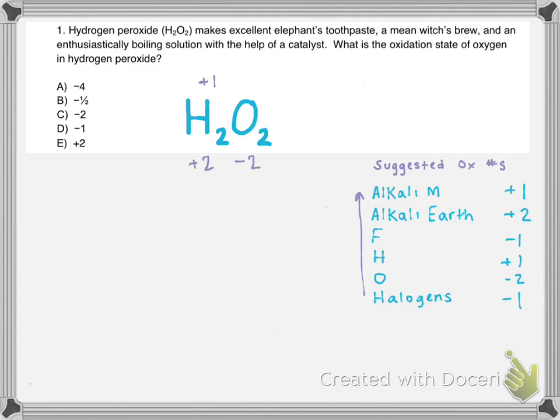There's 2 oxygens, so each oxygen is only going to be -1. Okay, and so there are the oxidation numbers. You'll notice that oxygen doesn't have its preferred number, and that's because we give the priority to hydrogen here. And this ends up being true for any peroxides, not just hydrogen peroxide. So our oxidation state for the oxygen is just going to be -1.